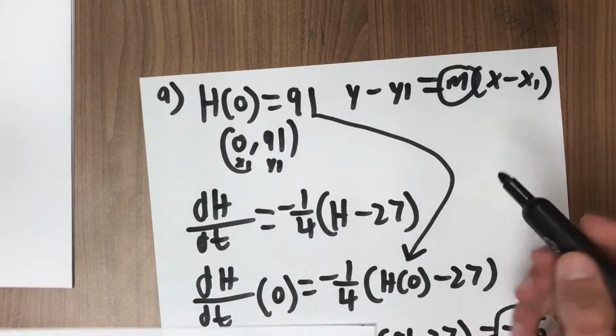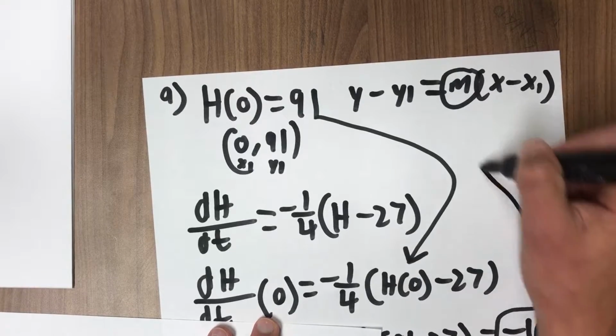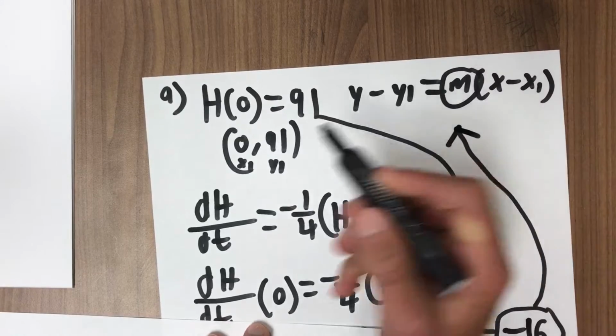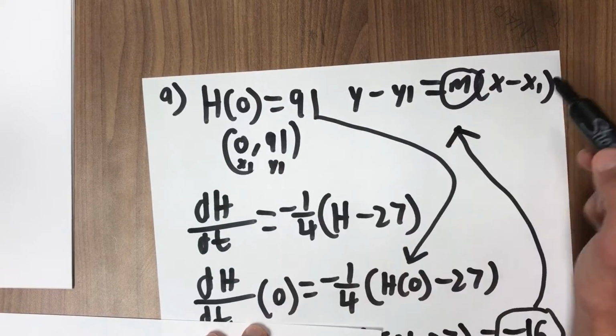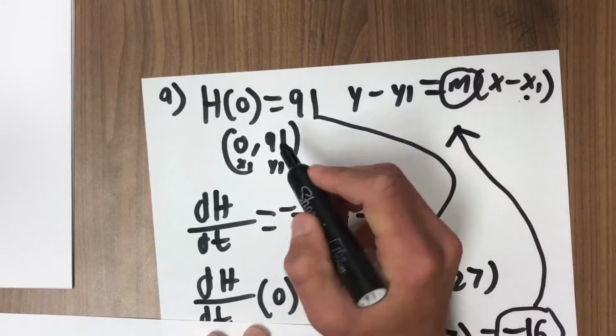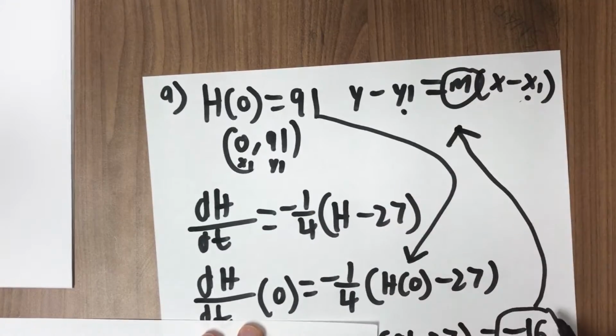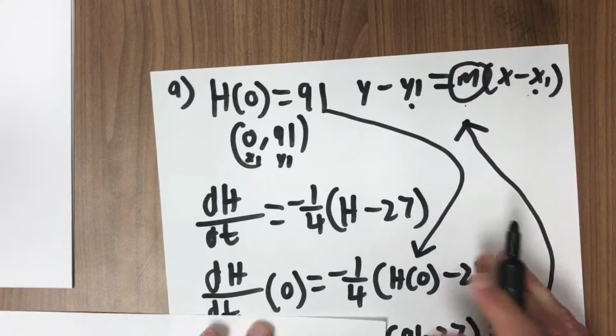So now that you have this slope, you're going to want to go back to your point slope formula, and plug in the values: x1, 0, which will go here. You want to take the y1, which is 91, which will go here, and you want to take your slope, negative 16, which will go here.